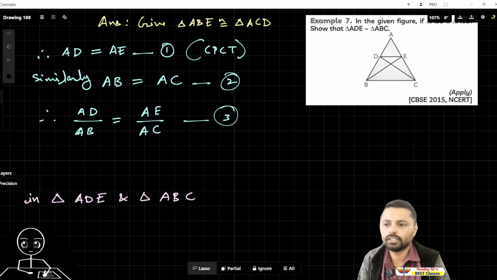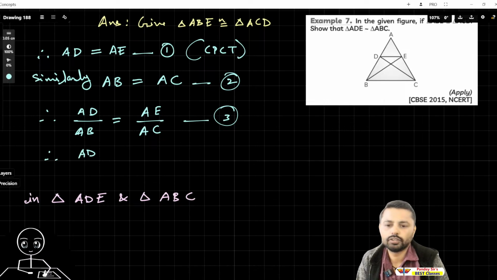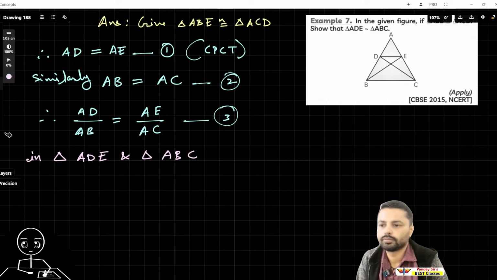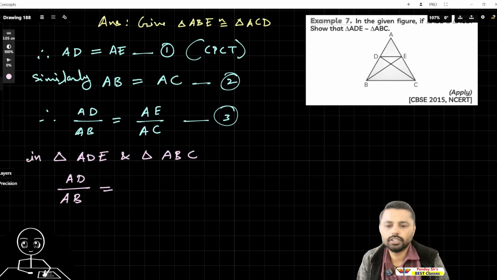We have to tweak it a little. So therefore AD by AB is correct only. Yeah, all was correct. So AD by AB equal to AE by AC.